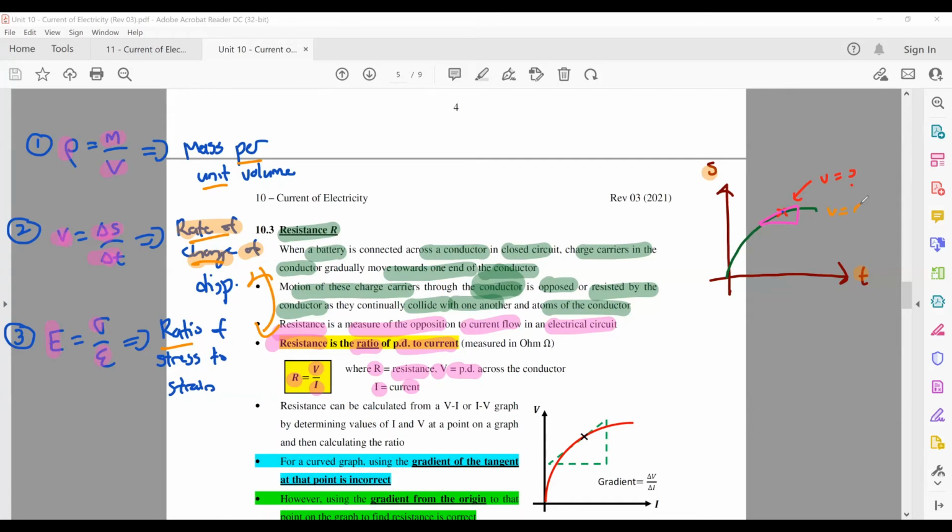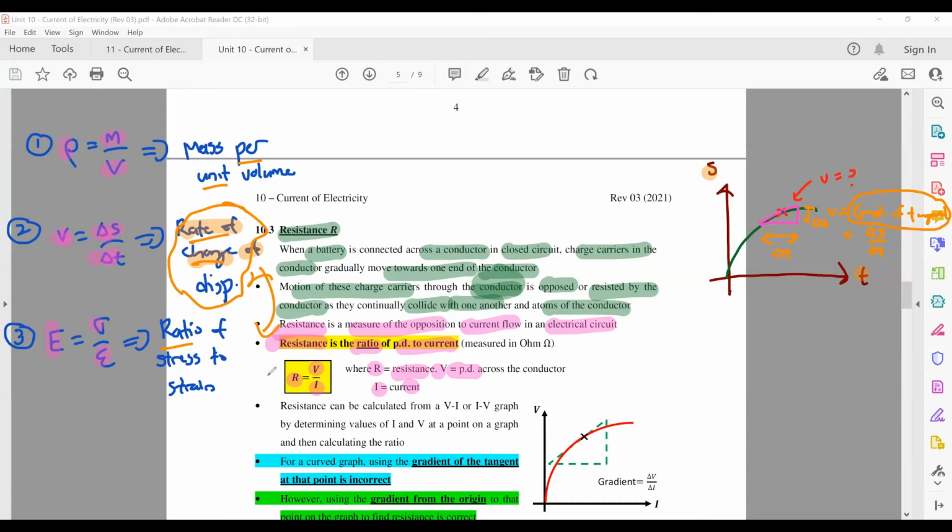V here will be the gradient of the tangent because it is delta S over delta T, this one here being your delta T, this one here being your delta S. So if something is defined as rate of change of something, you automatically relate it to the gradient of a tangent inside your graph.